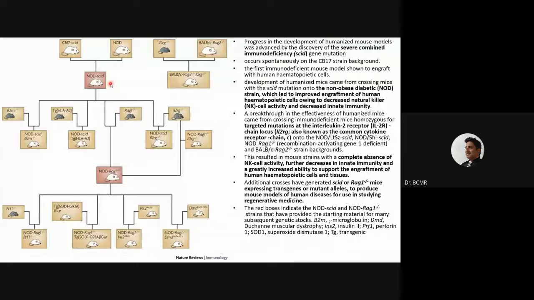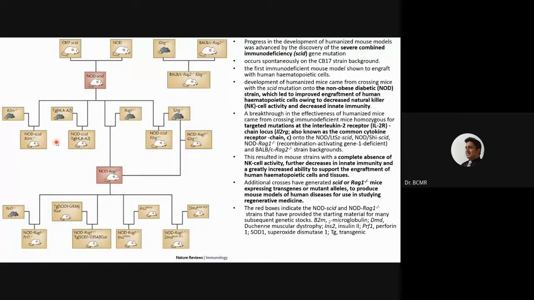That means they are severely deficient in immune system, natural killer cell activity, and have decreased innate immunity. Some people, by using genetic manipulations, have been able to delete interleukins and other things as well from these organisms. So these are all different strains of mice in which different types of genes were deleted.